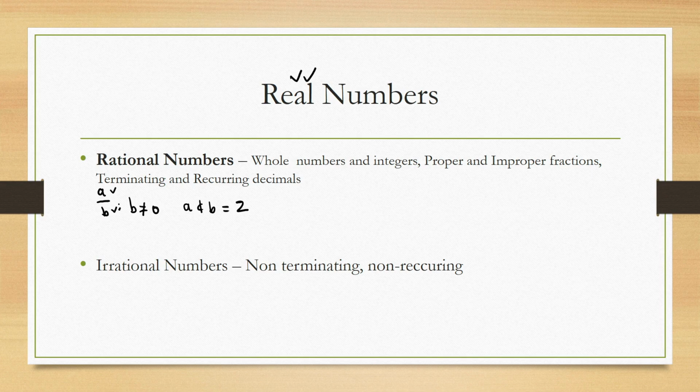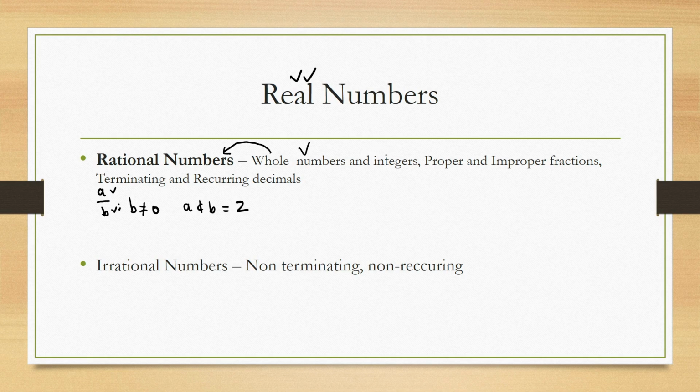So rational numbers also include proper and improper fractions. They also include terminating and recurring decimals. I'm going to be explaining what these are just in a minute. So in other words, whenever you see a whole number, that whole number will always be classified as a rational number.